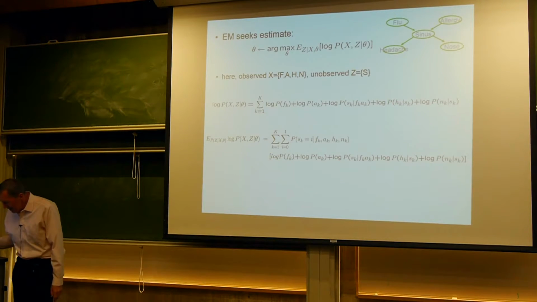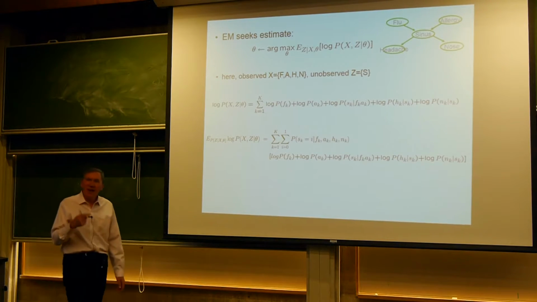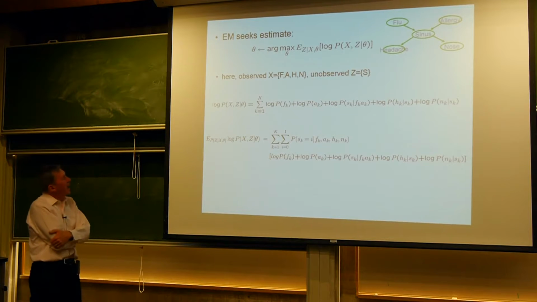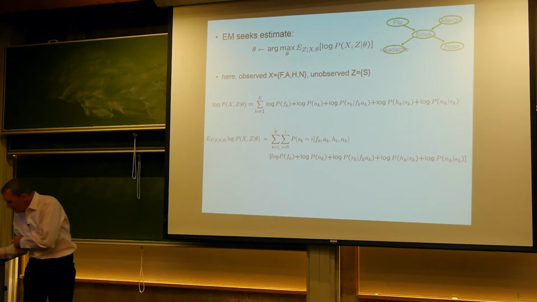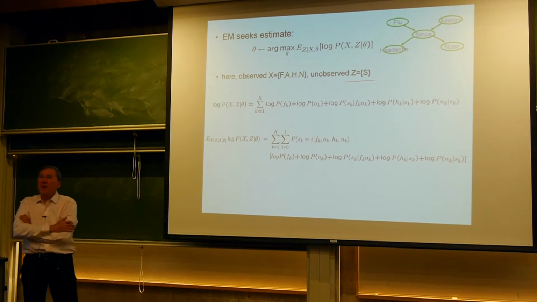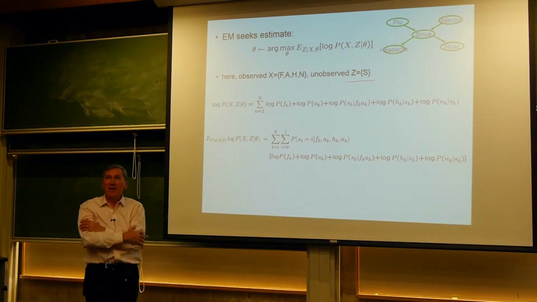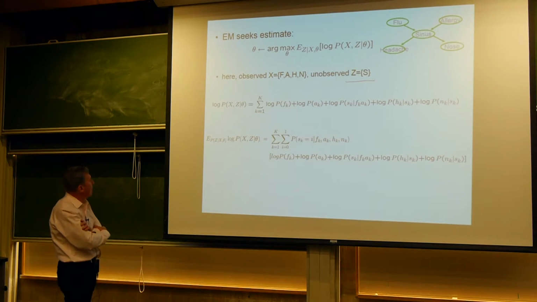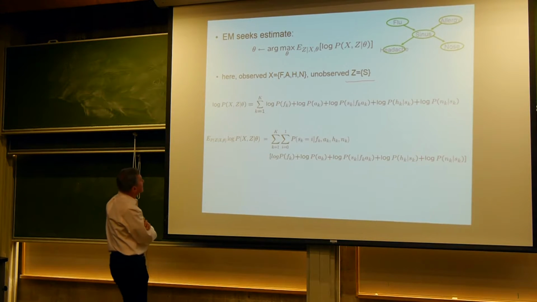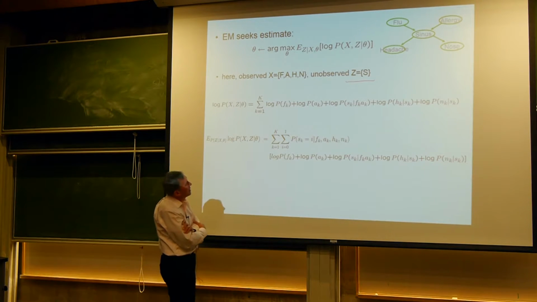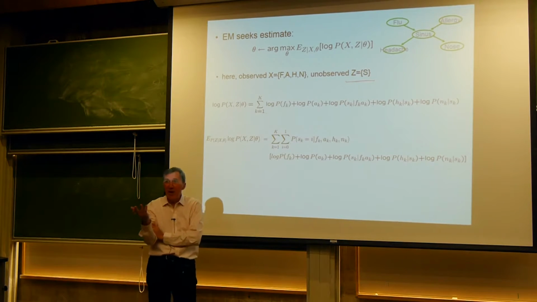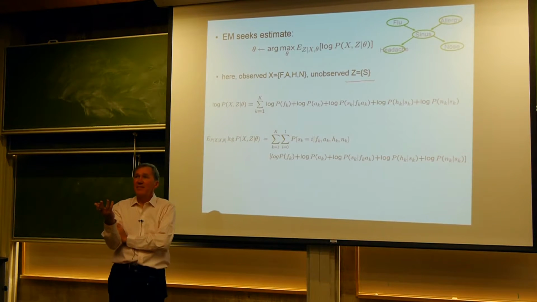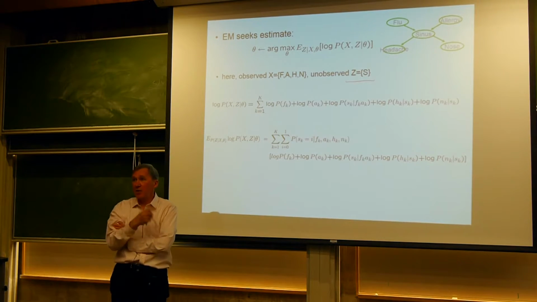Okay, so let's see a little bit more detail what that looks like. As I mentioned, what we have to do first is take our observed data and find a way of having the probability distribution on the unobserved data. So we need a way of estimating the probability of S taking on a particular value in each of the training examples. We might have 100 training examples of 100 patients.